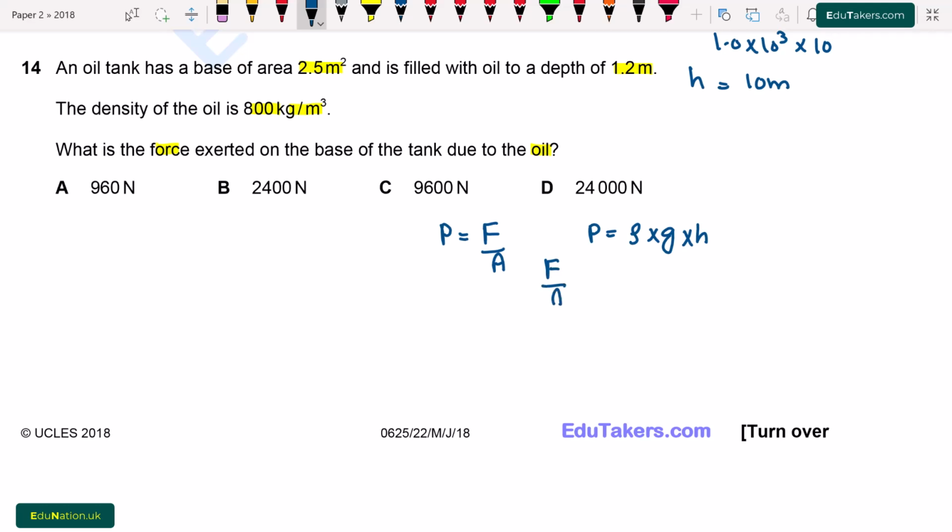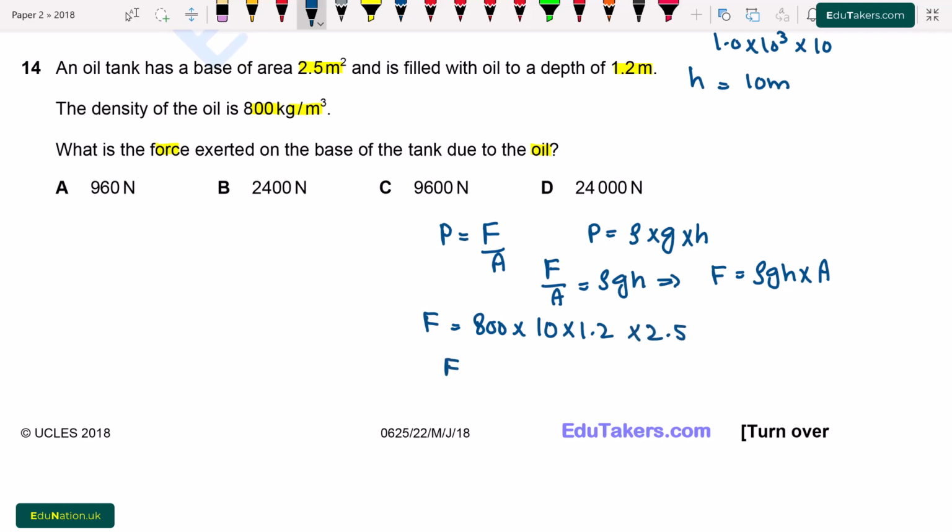Force over area will be equal to density, g and h. So force will be equal to density multiplied by g, h and area. Now I am going to put values here. Force will be equal to density 800 multiplied by the value of g, which is 10, and height, which is also equal to depth, 1.2 meter, multiplied by 2.5.